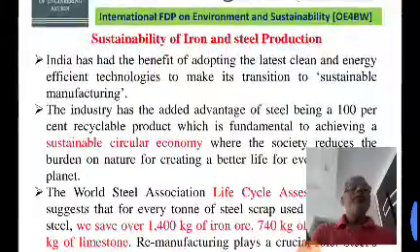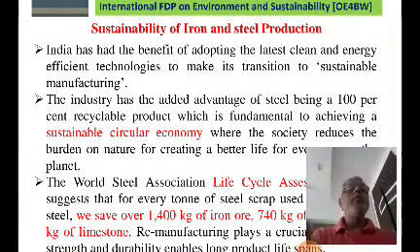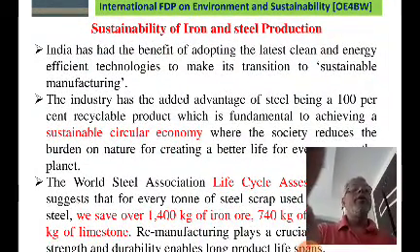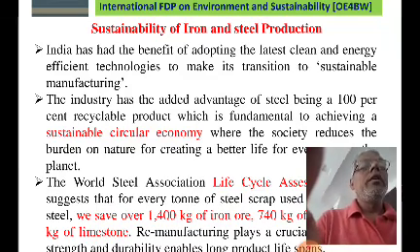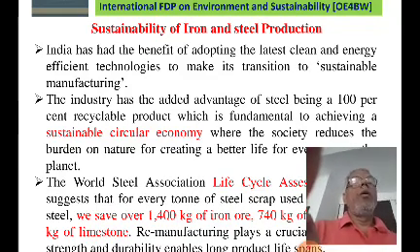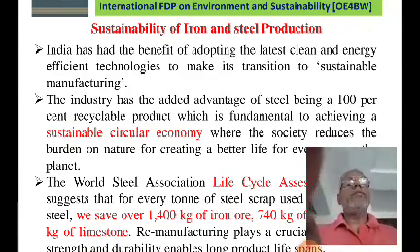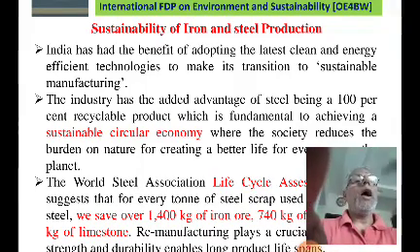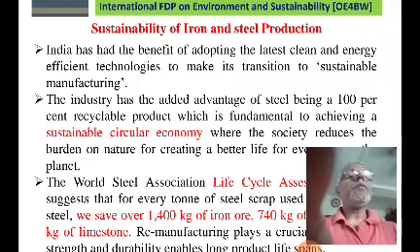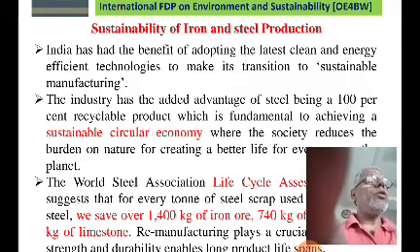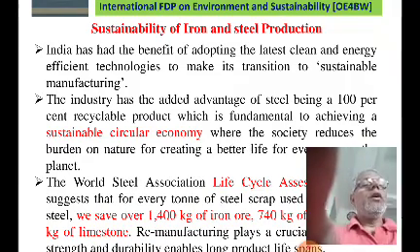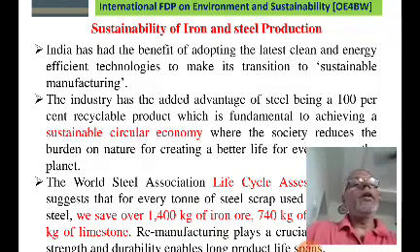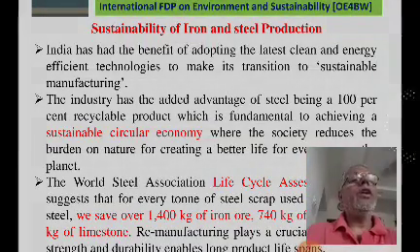Now the most important part, it is the sustainability of the iron and steel production. India has the benefit of adopting the latest technologies. Why? Because it is still in a development stage in India.